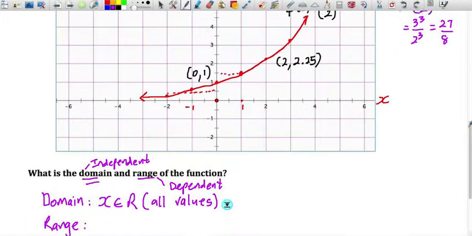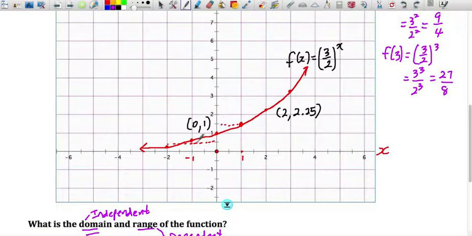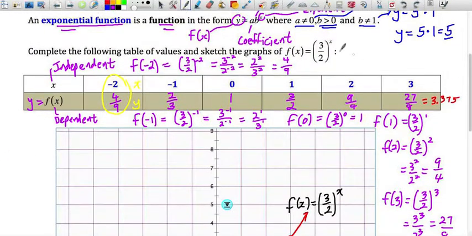If we look at the range, as the value of x increases, the value of y increases. But if we look to the left-hand side, what's happening as the value of x decreases, becomes -6, -10, and so forth, we're going to get a fraction which is going to get smaller and smaller, but it's never going to become negative.